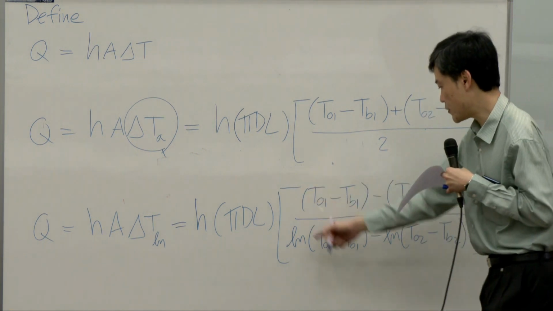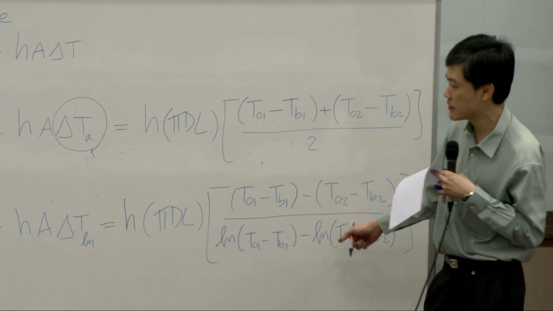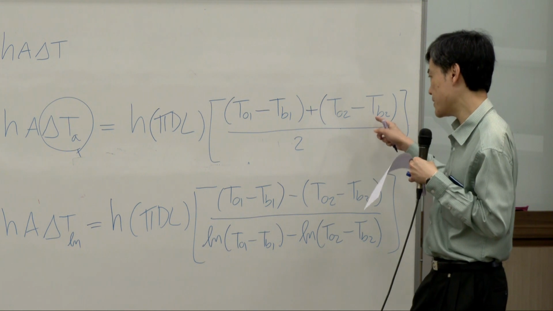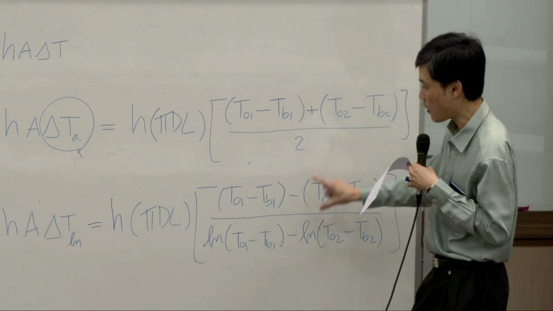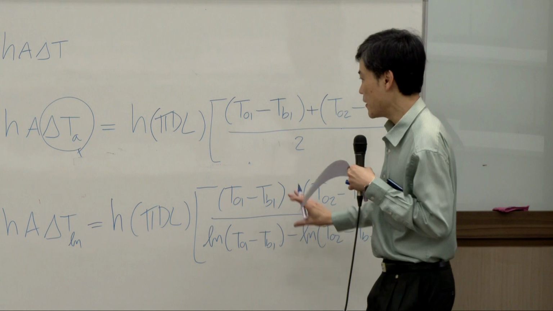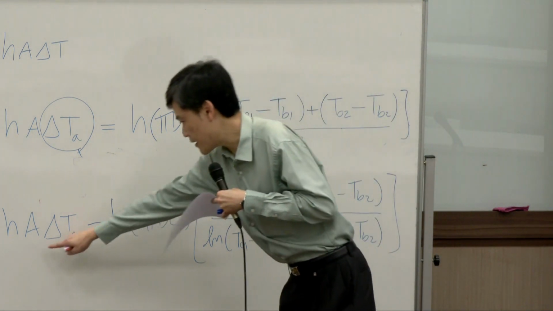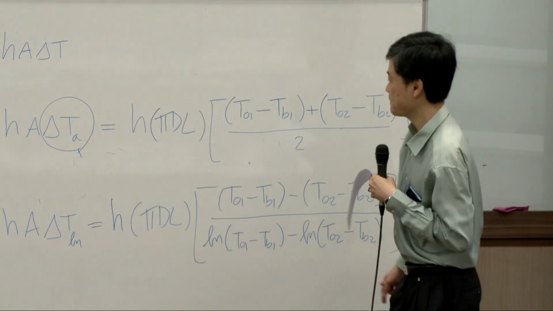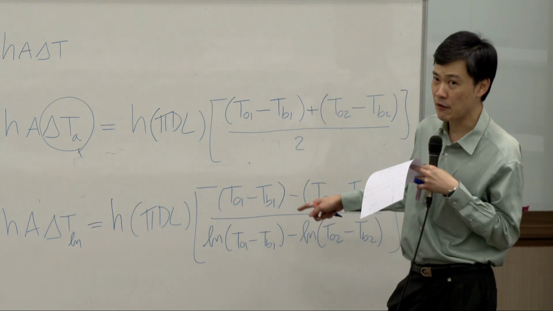Okay, this is the way to do the logarithmic mean. Instead of finding the regular arithmetic mean, this is logarithm. So this is delta T log mean. Okay, either way you can do that calculation.